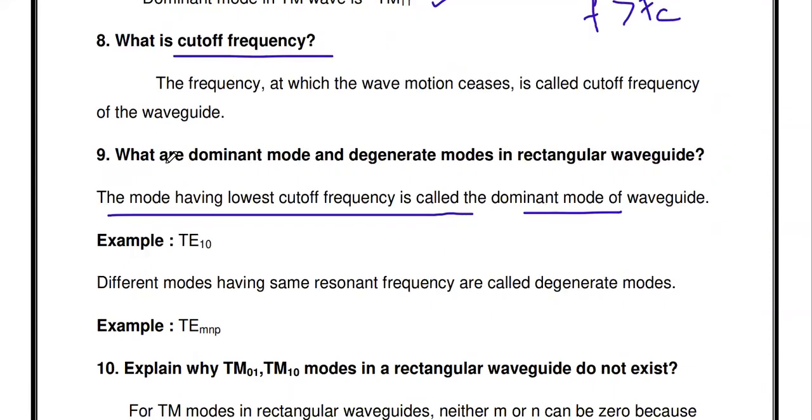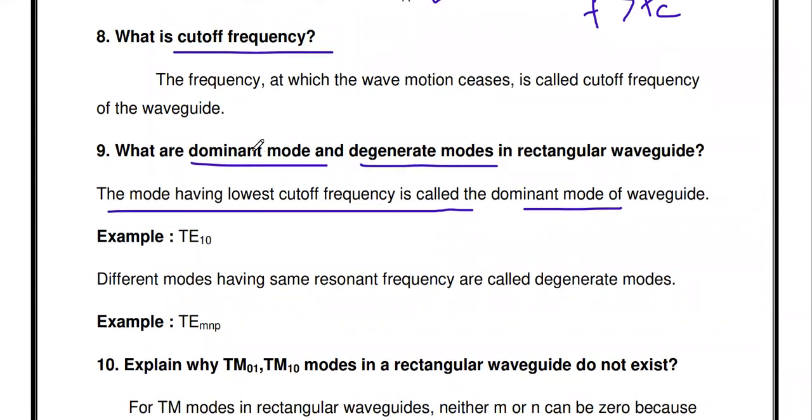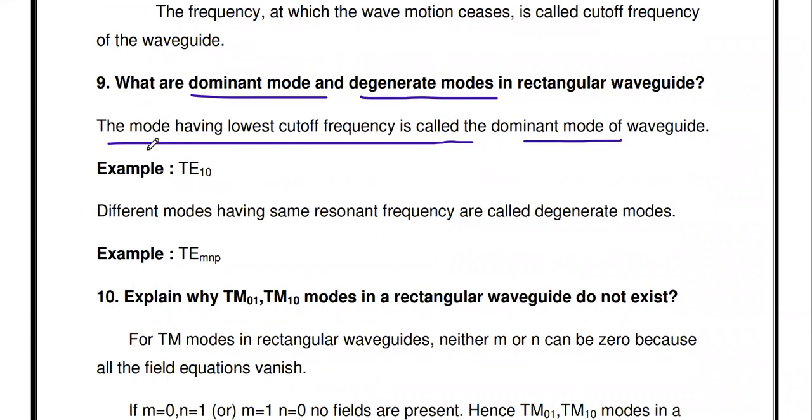Then the next one: what are dominant mode and degenerate mode in a rectangular waveguide? Already you know the dominant mode. The mode having the lowest cutoff frequency is called the dominant mode. To prove this, we already solved a problem in those videos.